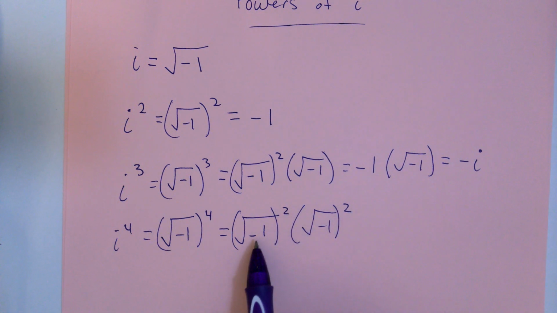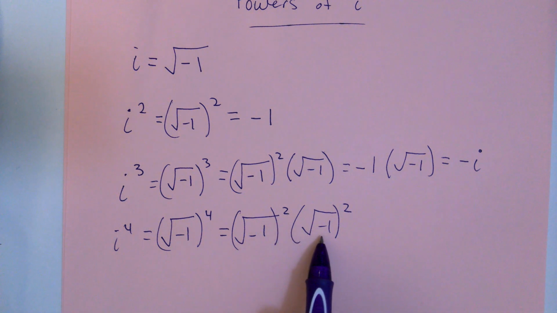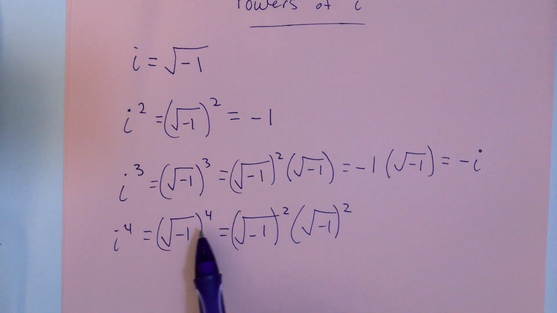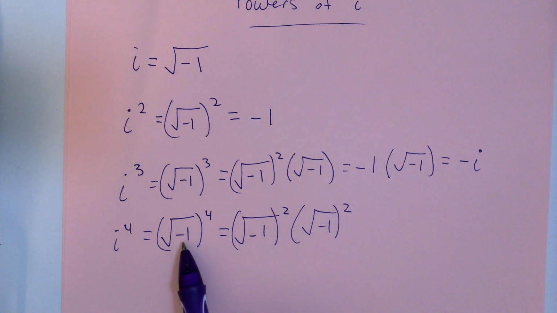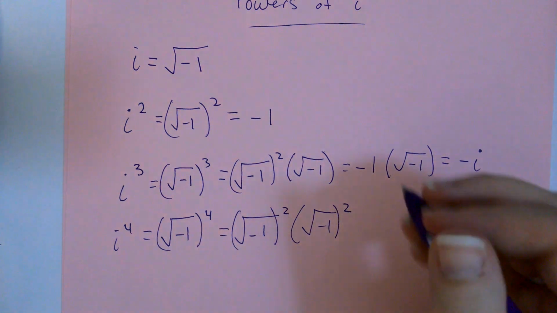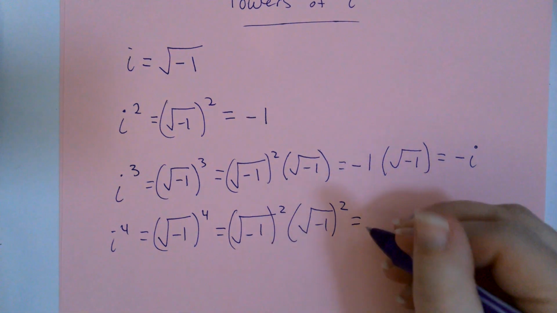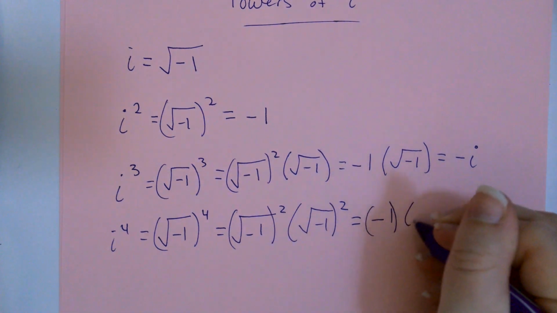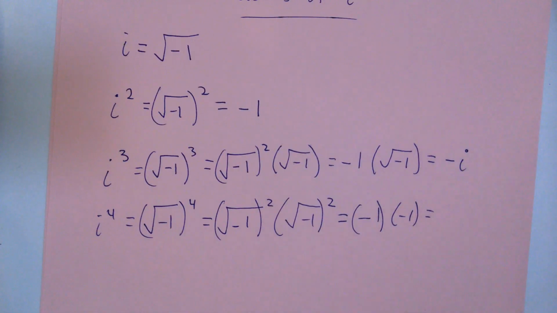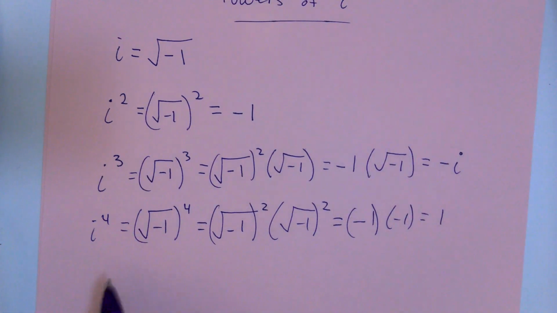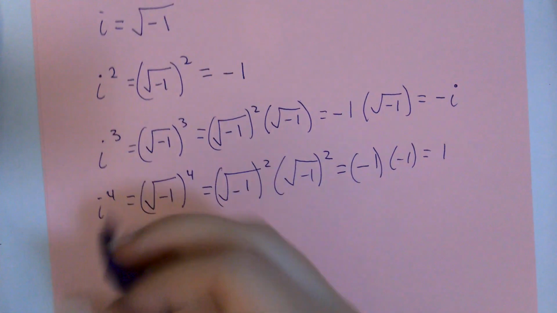So that's the same as the square root of -1 to the fourth power. The square root of -1 squared was -1, so we have -1 times -1, which is 1. So i to the fourth power is 1.